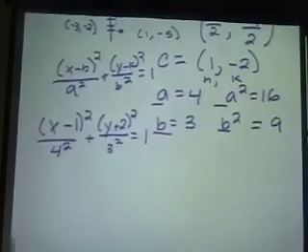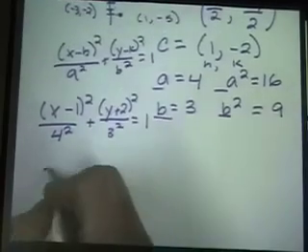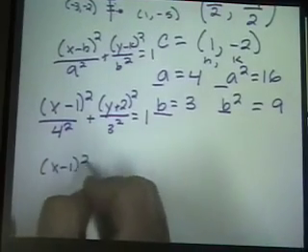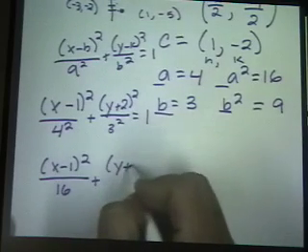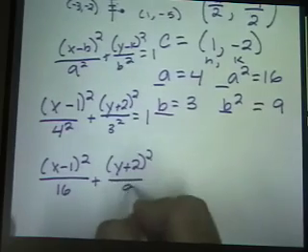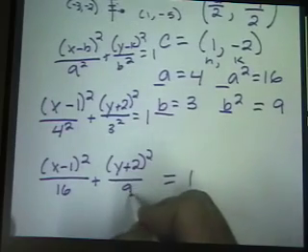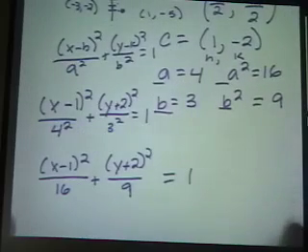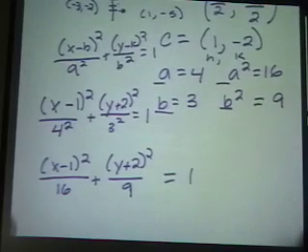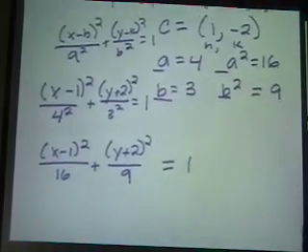I'm running out of room, so I'm going to rewrite that below. (x minus 1) squared over 16 plus (y plus 2) squared over 9 is equal to 1. My goal now becomes to rearrange it to simplify it into standard form.